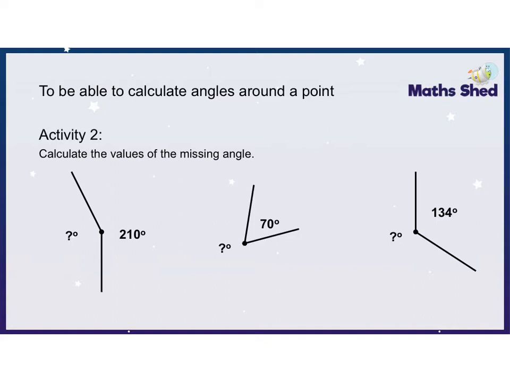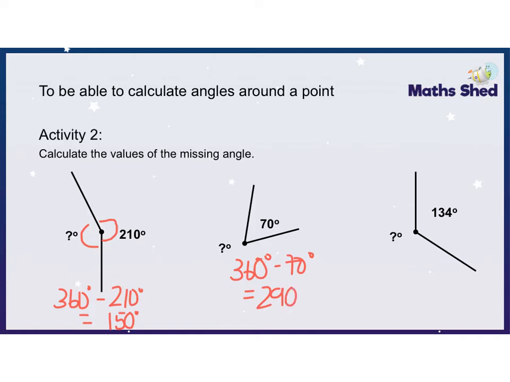Okay, so it's exactly the same thing here. Calculate the values of the missing angle. I know that this is 210. In order to work out the missing angle, I'm going to do just what I was doing before. 360 degrees take away 210 degrees, and that would leave me with 150 degrees. The same thing here, 360 degrees take away 70, it would leave me with 290 degrees.